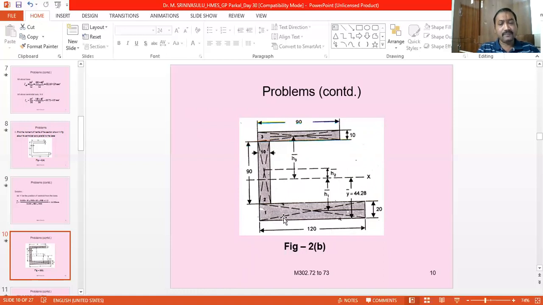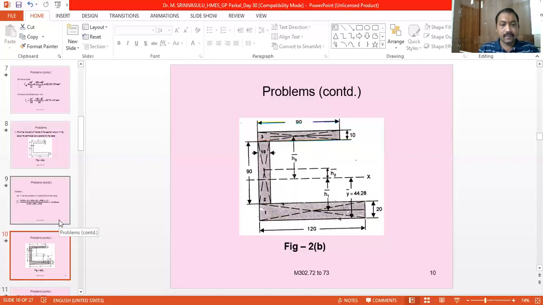Now for this also we have to take the reference. So the reference will be the bottommost edge, because we only need the y coordinate here. This bottommost edge is the reference point for the y distance, and from here we have to take the measurements.